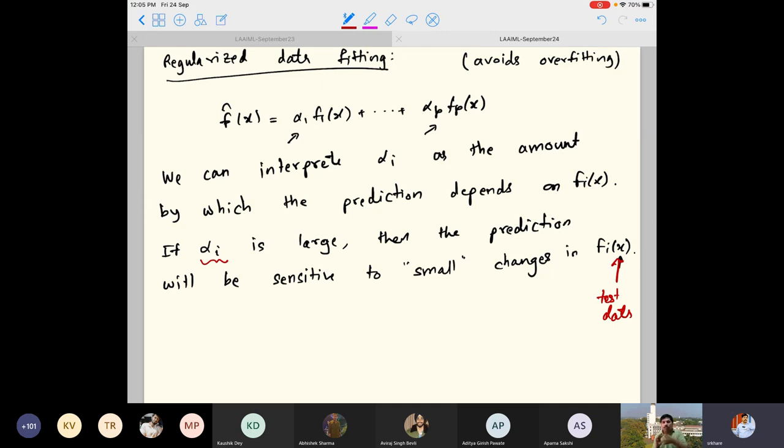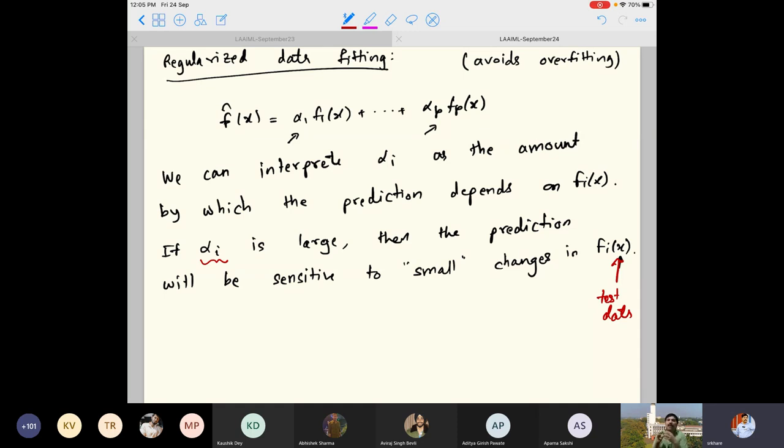Small changes will be magnified, and that is something that we try to avoid in overfitting. Again, this is very hand-wavy. It may not be clear to many of you. I'm not saying I am explaining it in a very nice way, but this is something that you definitely want to avoid. A small change in f_i(x) will be magnified because alpha is very, very large, so it will have a bad effect on the prediction.